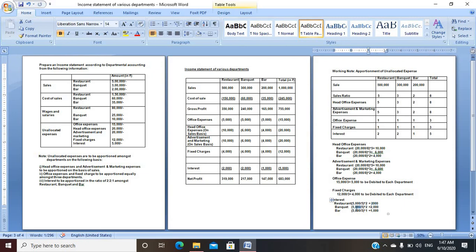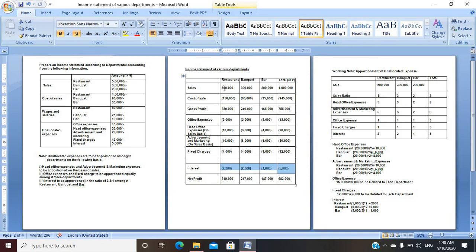Same, 5,000 divided by 5 into 2 will be 2,000. 5,000 divided by 5 into 1 gives me the figure 1,000. So same I mentioned here, 2,000, 2,000 and 1,000. Total will be 5,000. So these all are expenses here, and then less interest also.